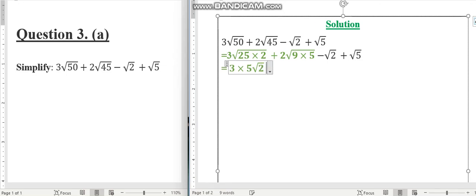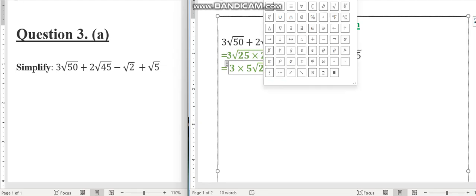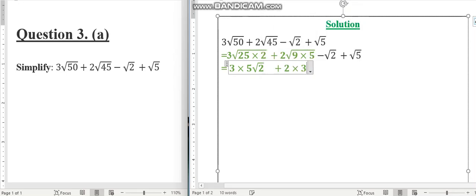Then we are moving to the other side, which is plus 2 root 9 times root 5. Root 9 will give us 3, a perfect number. So that will be 2, which is the 2 outside, times the 3 for the root 9.